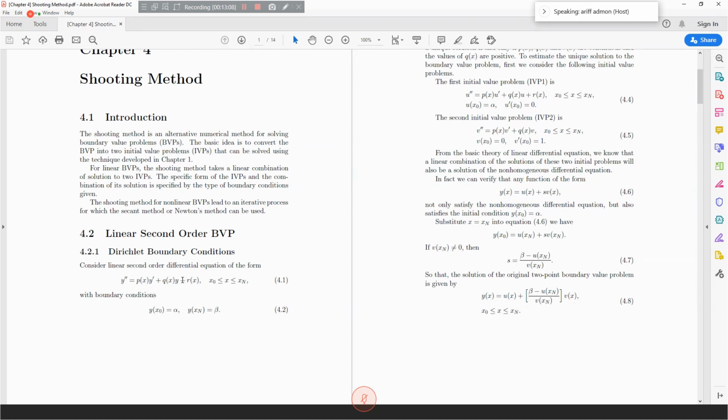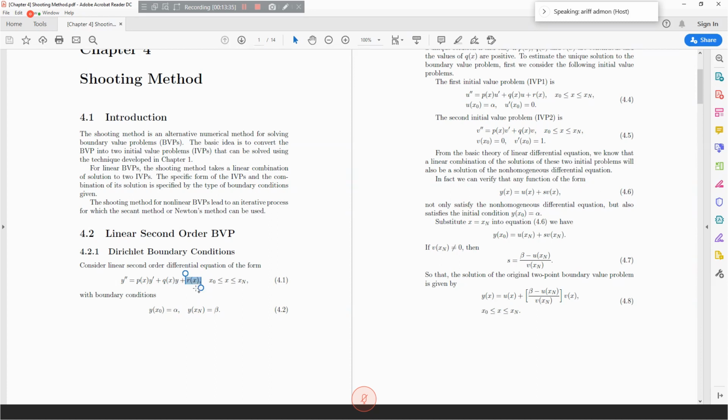And how about R of x? This is the part that identifies whether you have a homogeneous or non-homogeneous linear differential equation. If R of x is equal to 0, there is no extra term without y, so you get homogeneous.